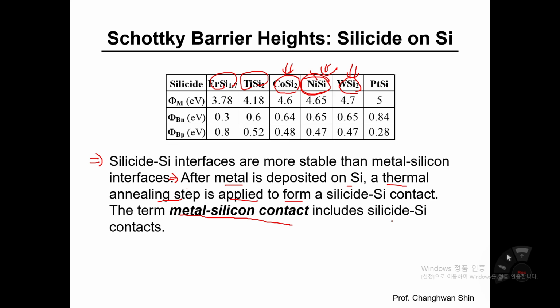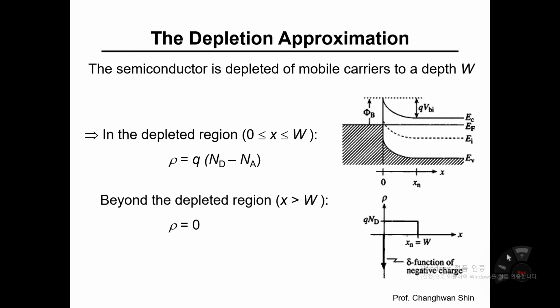In industry, whenever an industry person talks about a metal silicon contact, they are always thinking of silicide silicon contacts. A purely physical metal silicon contact without any chemical reaction can never be used in industry. Always they are using a silicide silicon contact. So I guess that's the general comment on how to understand interface states between metal and semiconductor.